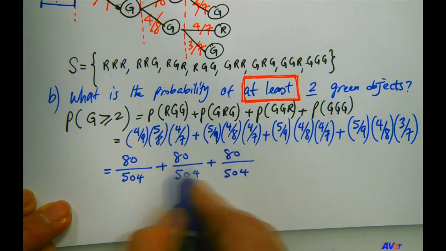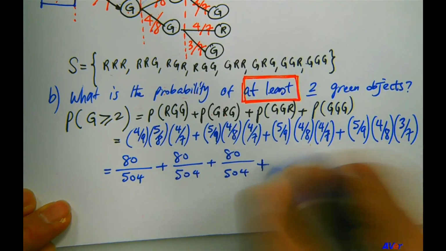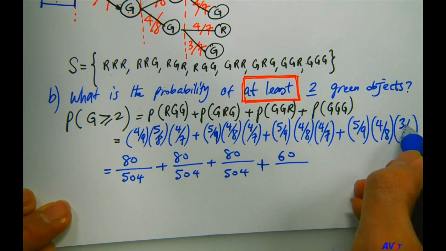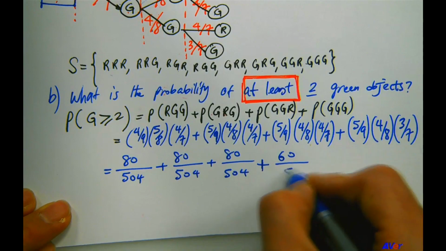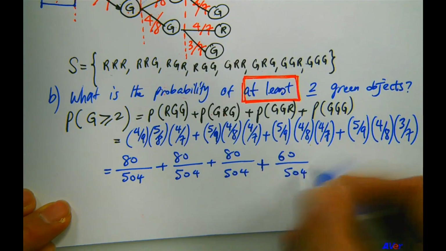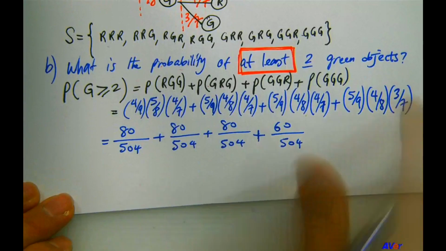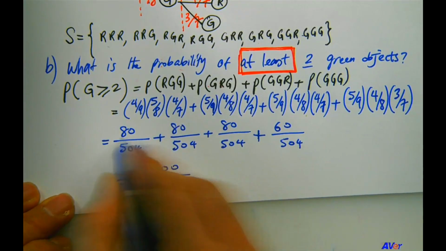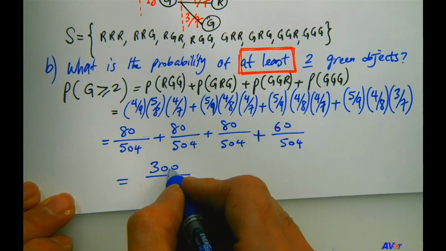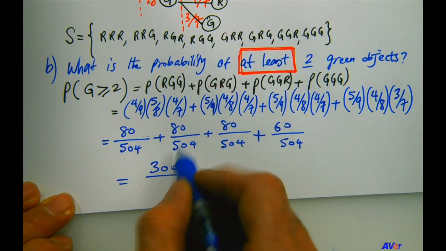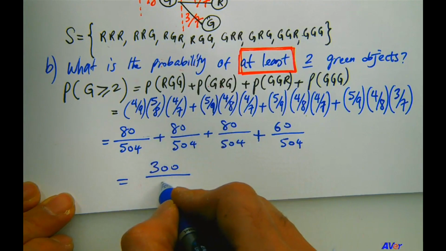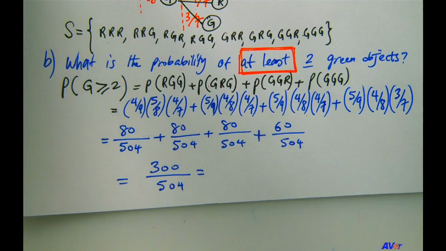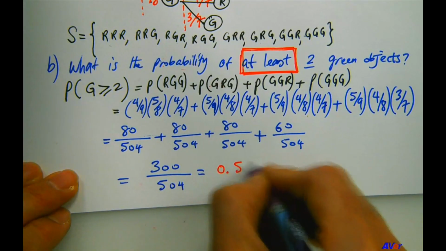So far they're equal, but the last one is not. So we have 5 times 4 times 3 is 60 divided by 504. Adding all of those, you get 300 divided by 504, and that is equal to 0.595.